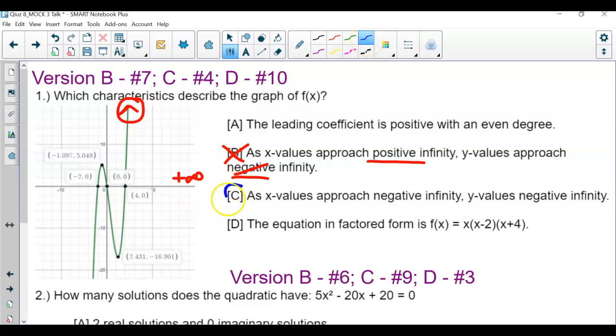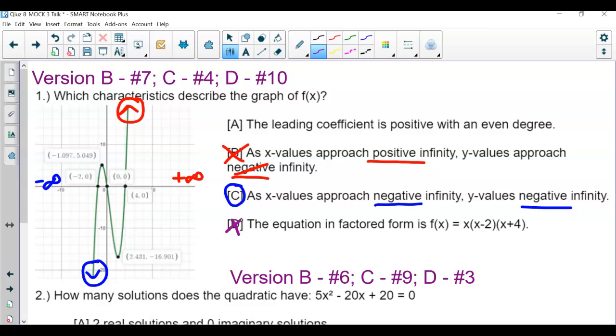The answer in this case was actually C. As x values approach negative infinity, so as we're going to the left here, what direction is the left side of the graph now approaching? It's going down to negative infinity. There were some people who did choose D. Notice how, guys, the multiplicity for each of them was a slice, right?